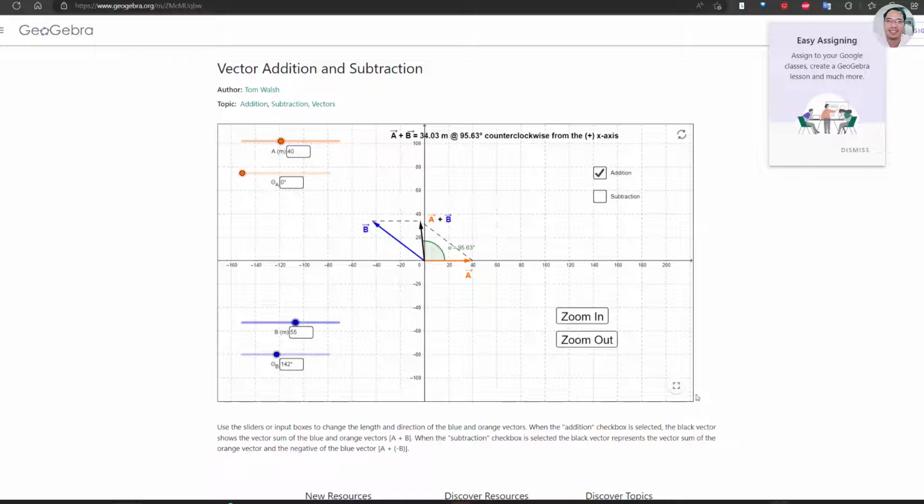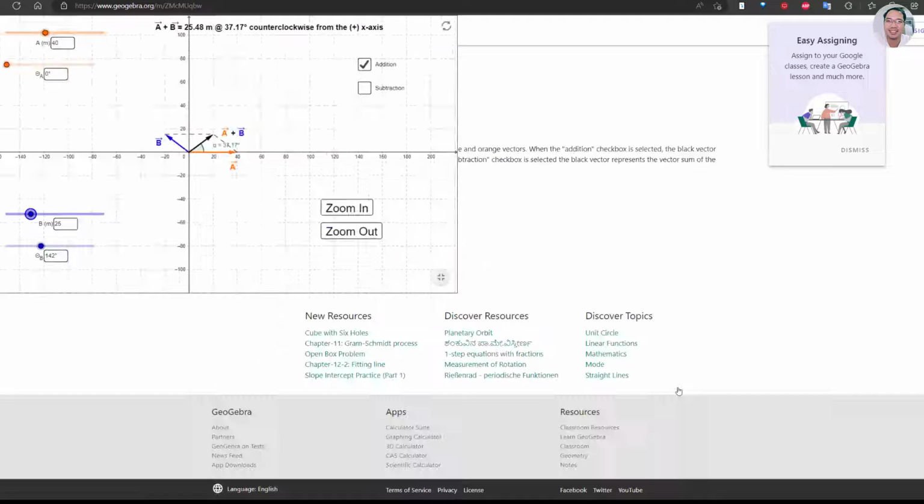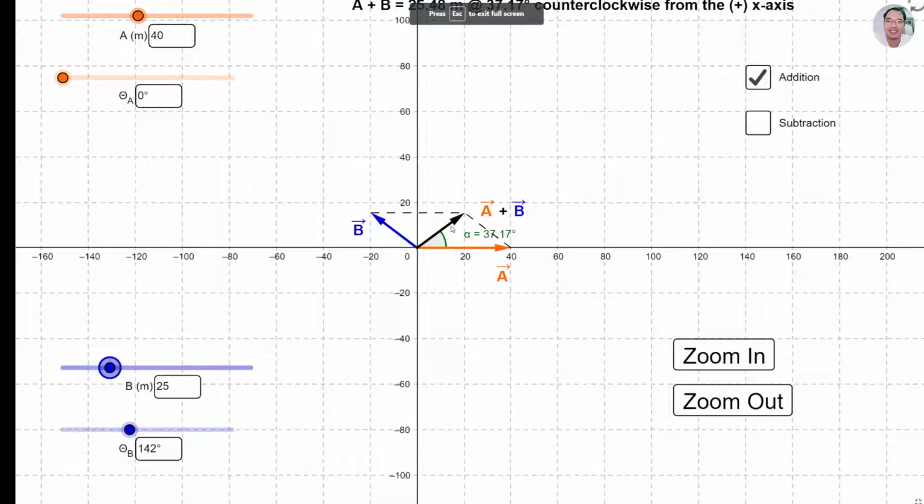The blue vector is the velocity of the candle, and I will reduce it to 2.5. The black vector here is the resultant velocity, which is 2.548.